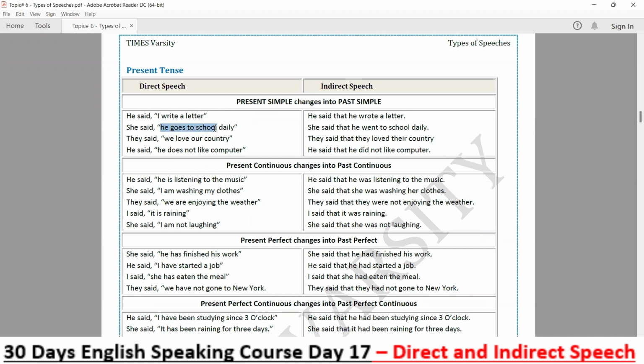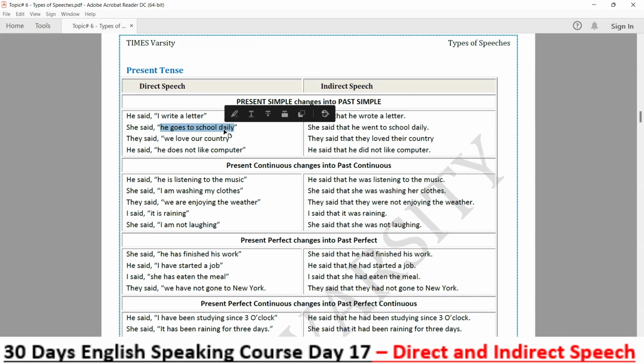He goes to school daily is present tense. Present indefinite. In continuous, we always see the ing form of the verb, right? So here, es is added. So in present indefinite, s or es is added to the verb of third person singular. So he is a third person singular.